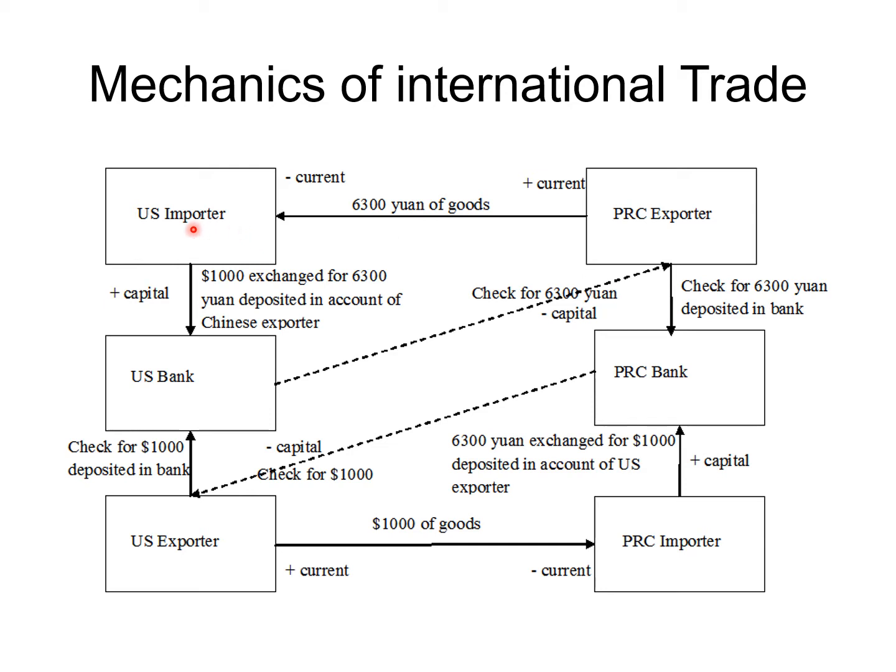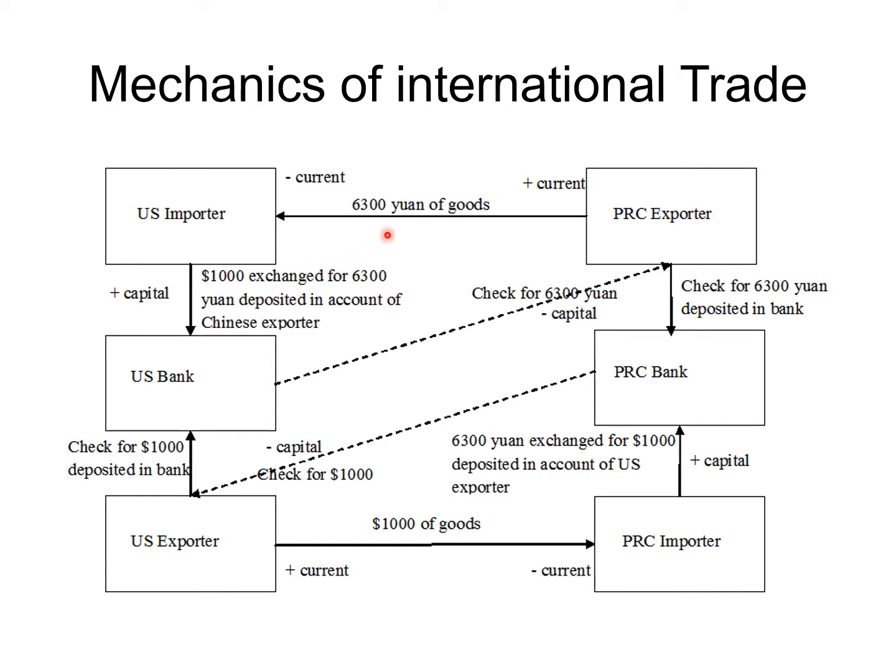Okay, so let's start with our friend, the U.S. importer. The U.S. importer buys Chinese goods. Okay, let's say they buy 6,300 yuan worth of goods. Well, at the time that we created this, and it's not too far from this right now, $1 was equal to 6.3 yuan.